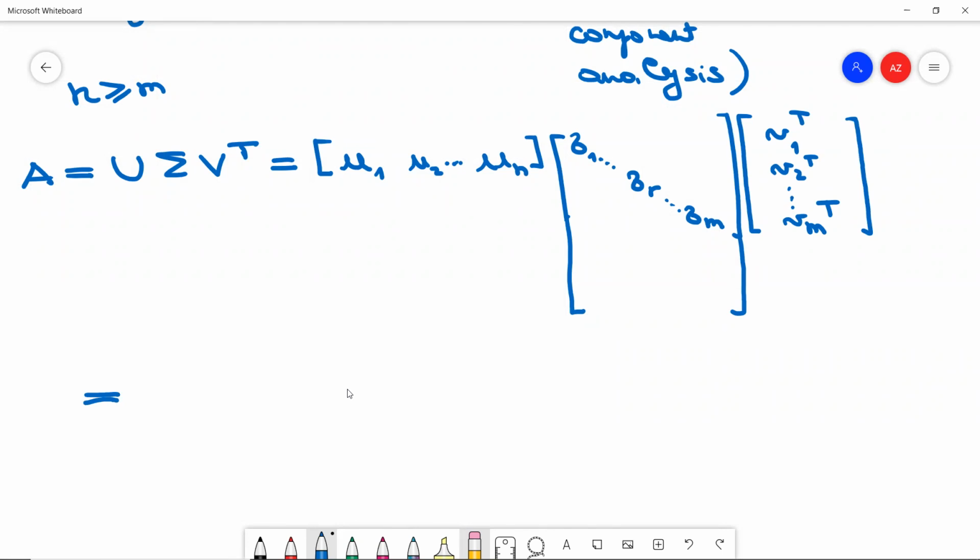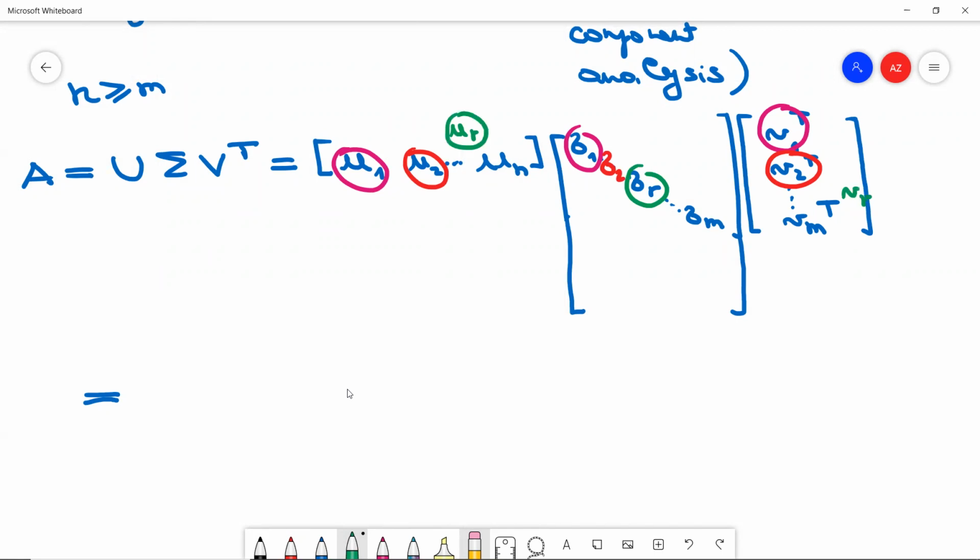So as I did before, sigma 1 and U1 V1 transpose, and then sigma 2 and U2 V2 transpose, and so on, sigma r and then Ur and Vr transpose.